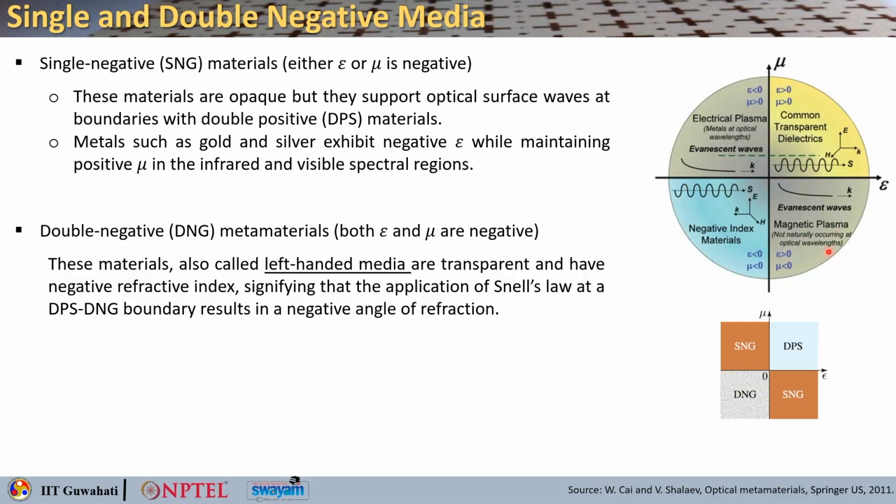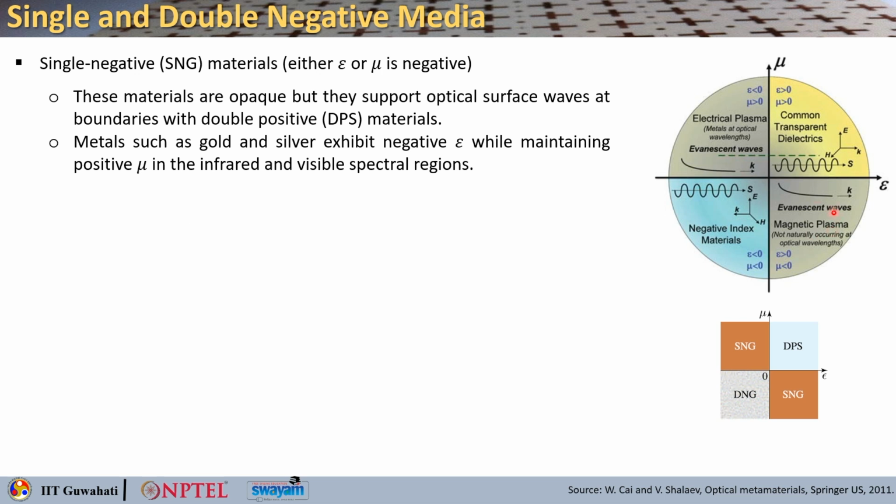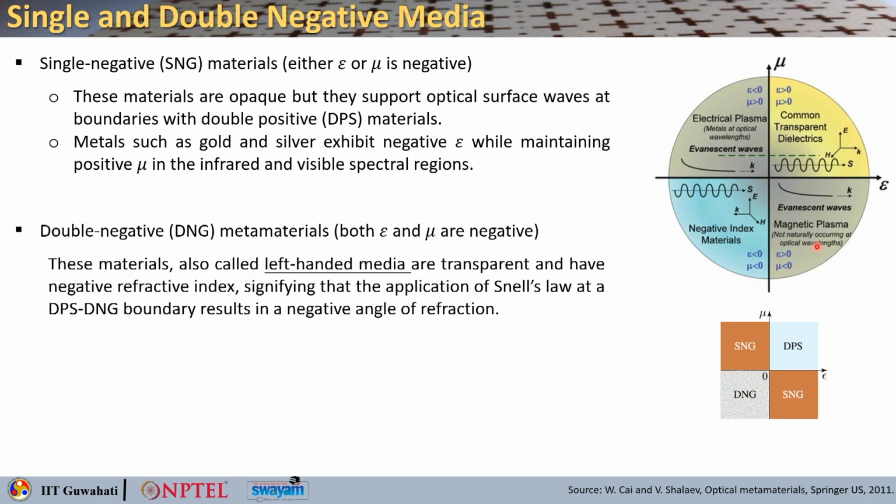This other quadrant also has single negative material, where permittivity is positive and permeability is negative. This is basically magnetic plasma, but no naturally occurring material at optical frequencies or wavelengths shows this kind of characteristic. Next we have the third quadrant, which is particularly interesting because you have DNG materials here.